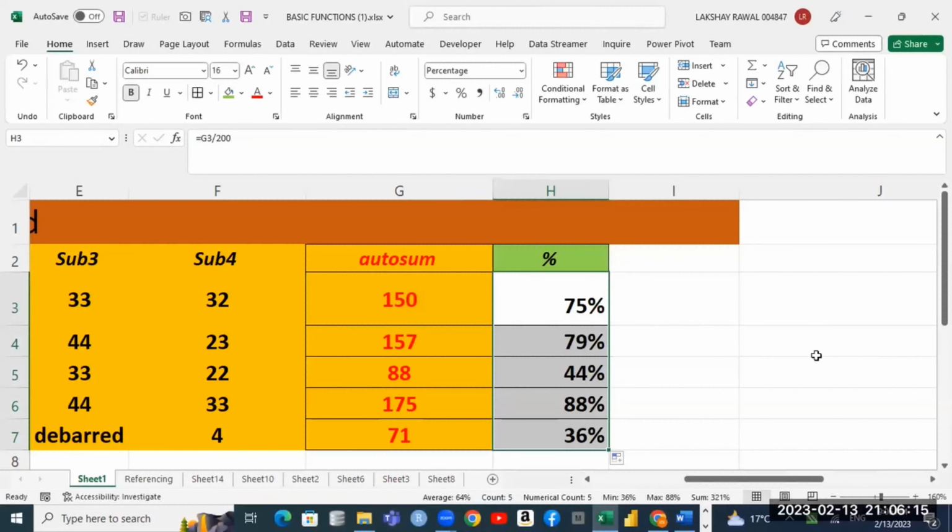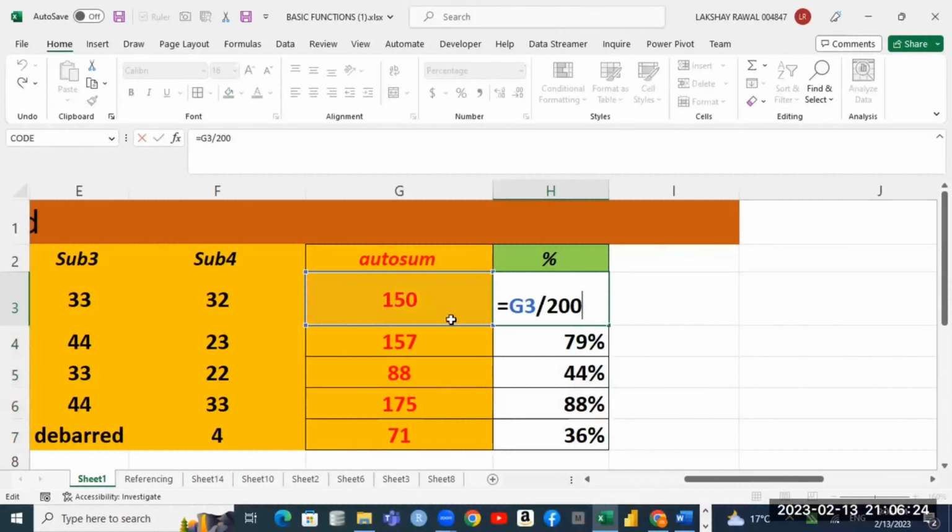Ma'am, I have one doubt. Why are we dividing total marks? Total marks divided by 200. Because how to calculate a percentage? He scored 150 marks. If he has scored 150 marks, out of how many? What is the formula of percentage?